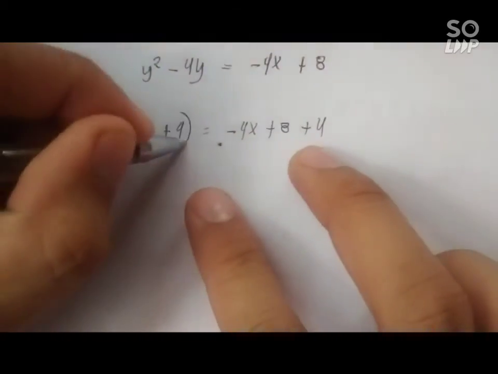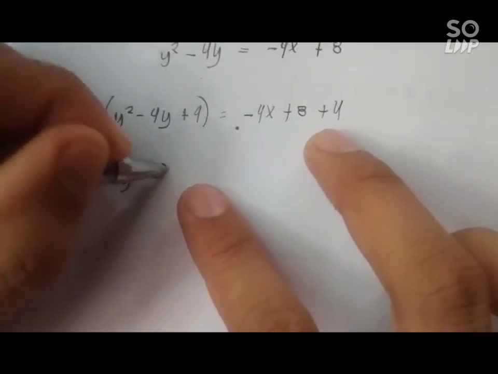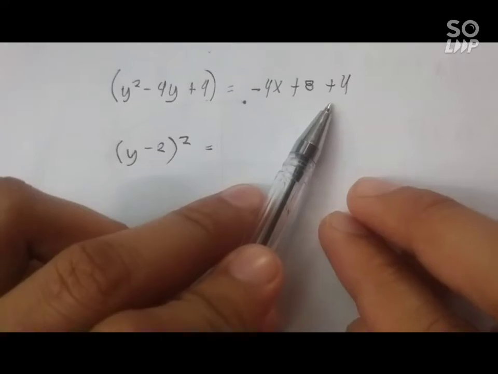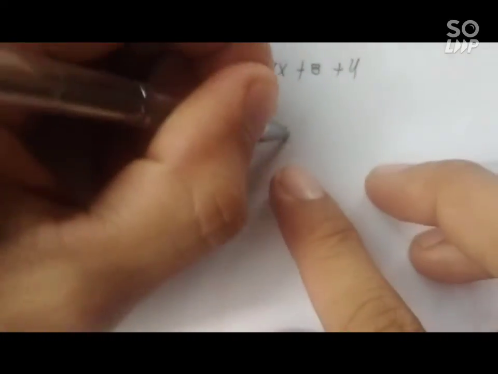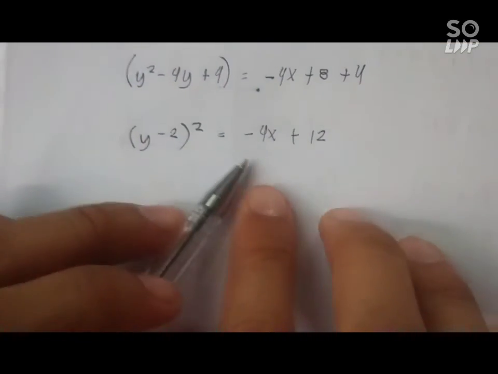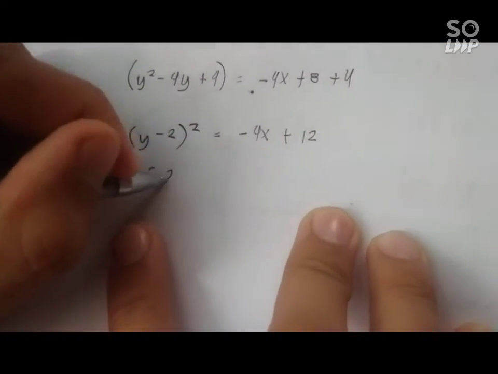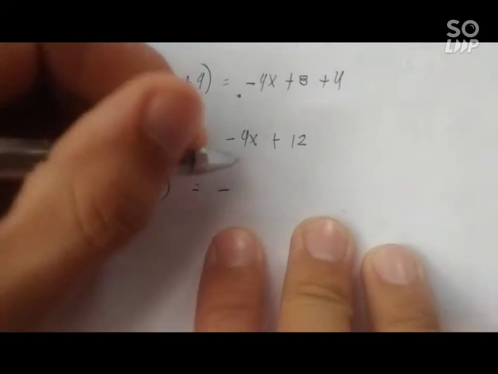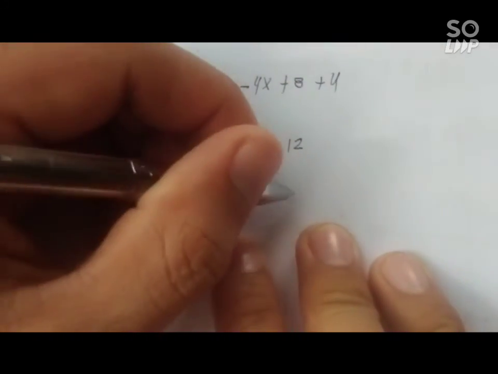Then we factor it: y minus 2 squared equals negative 4x plus 12. It can still be factored out, so y minus 2 squared equals negative 4 times (x minus 3).